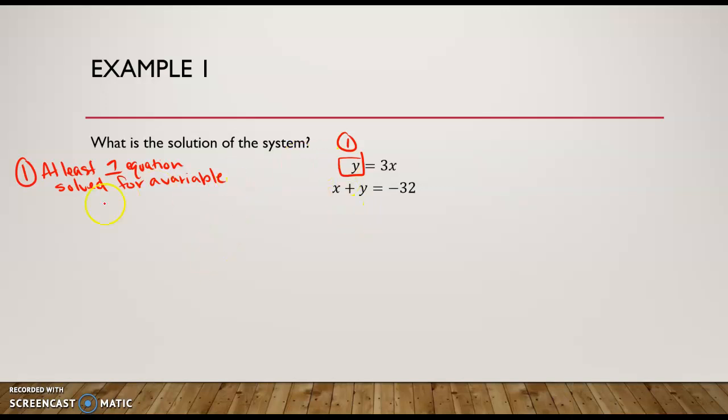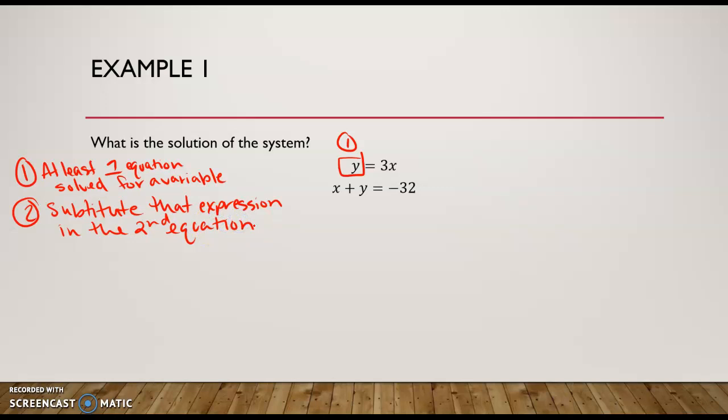Once I have that equation that is solved for y, my step two is to substitute that expression in the second equation.